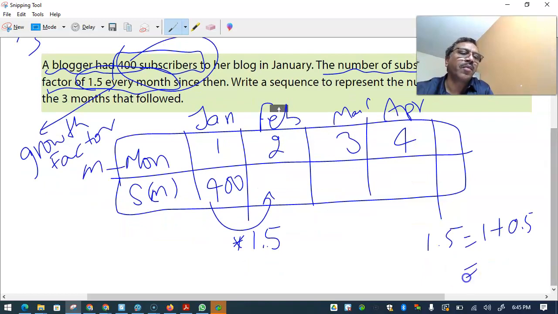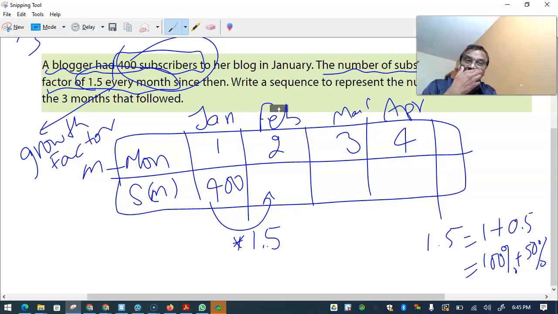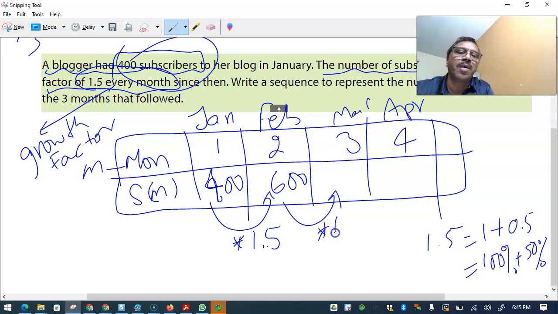It means 100%, the whole, plus 50%. So 50% is the increase every month. If this is 400, it will be 400 plus half of it, which becomes 600. And this is 600 plus half of 600, so every time you multiply by 1.5, that becomes 900. And again you multiply, it becomes 1350.